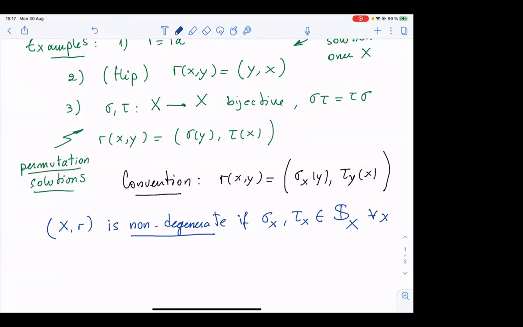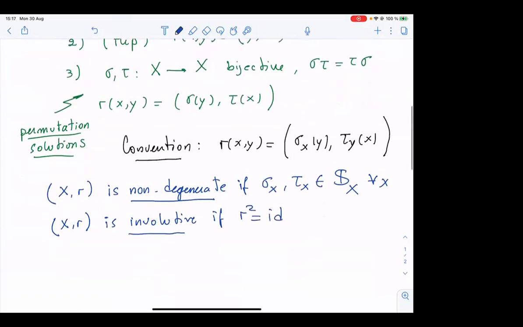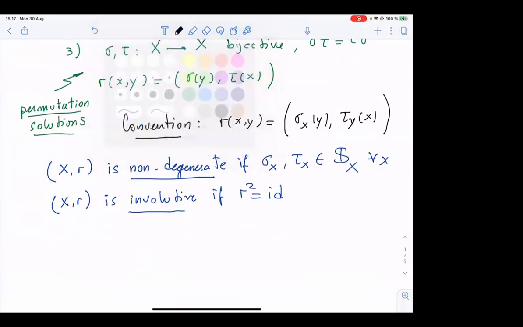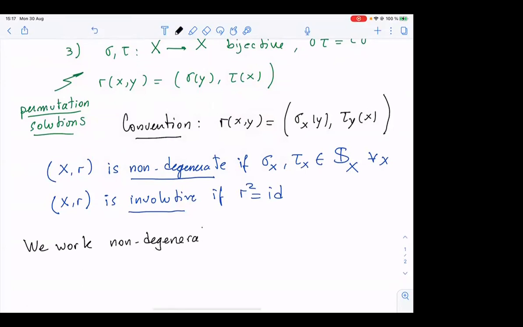Very good. And also, we are going to say that a solution is involutive if, of course, the square of R is the identity. So we work in this talk, I will just consider non-degenerate and involutive and finite solutions.